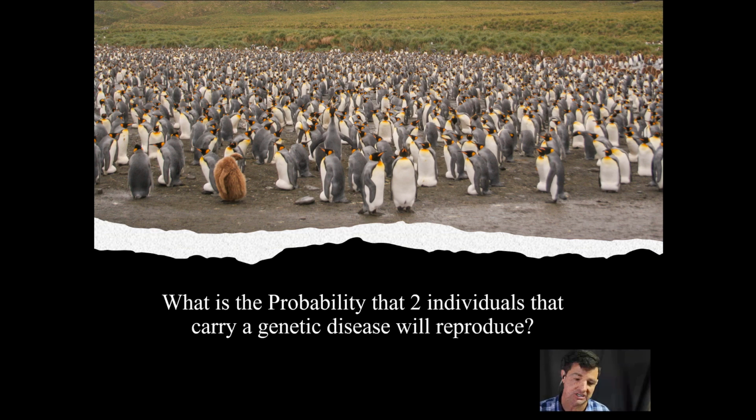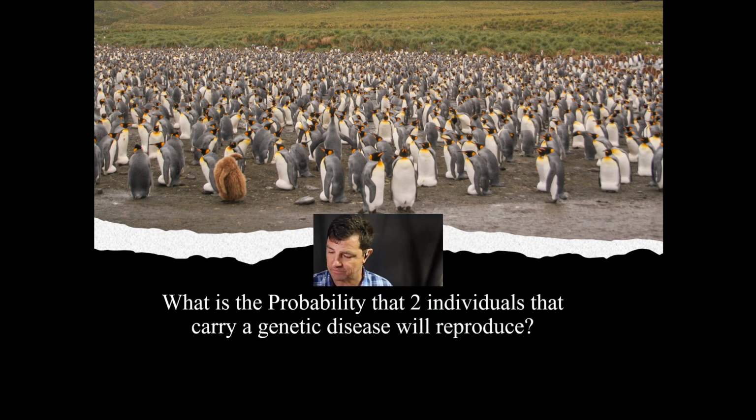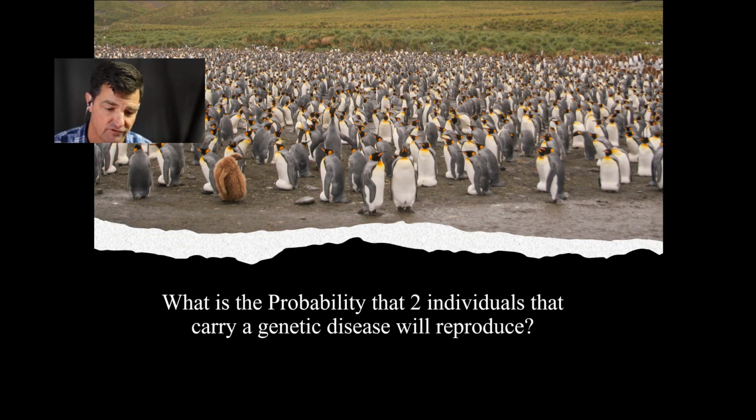And typically, genetic diseases are very rare when you have really large population sizes like this. So the odds that two individuals carrying the recessive trait will meet are usually very, very low in a population like this, because the odds of them coming into contact are very, very low.